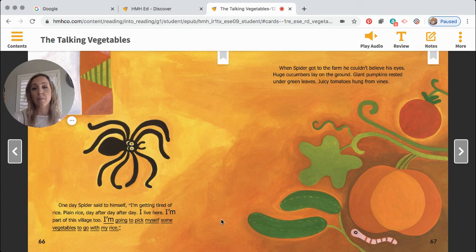If I had to make an inference about how Spider was feeling when he saw all of these wonderful vegetables, I would probably say that he was feeling pretty good, right? He was feeling like he had hit the jackpot. Like he was so excited to be able to pick these really delicious vegetables to put with his rice. Let's see how the vegetables respond when they see Spider coming into their farm.